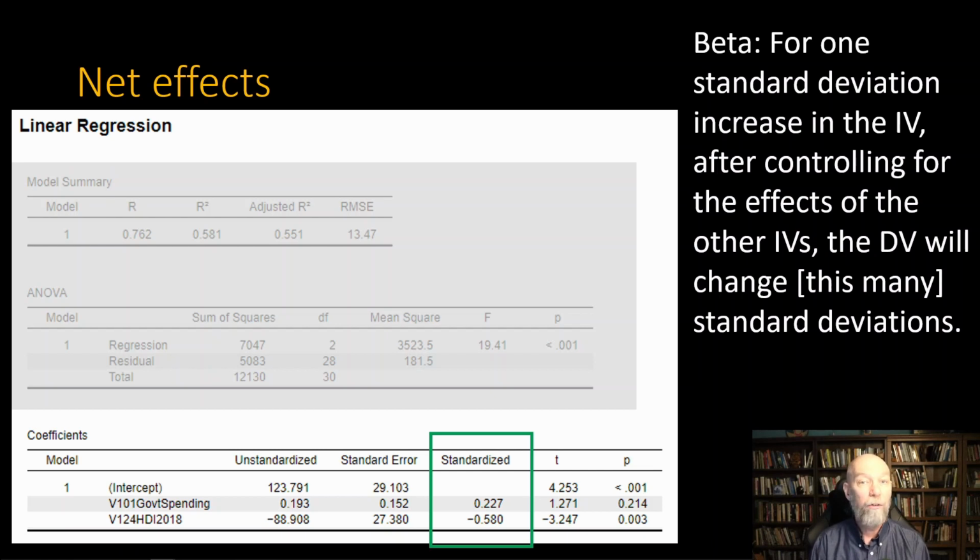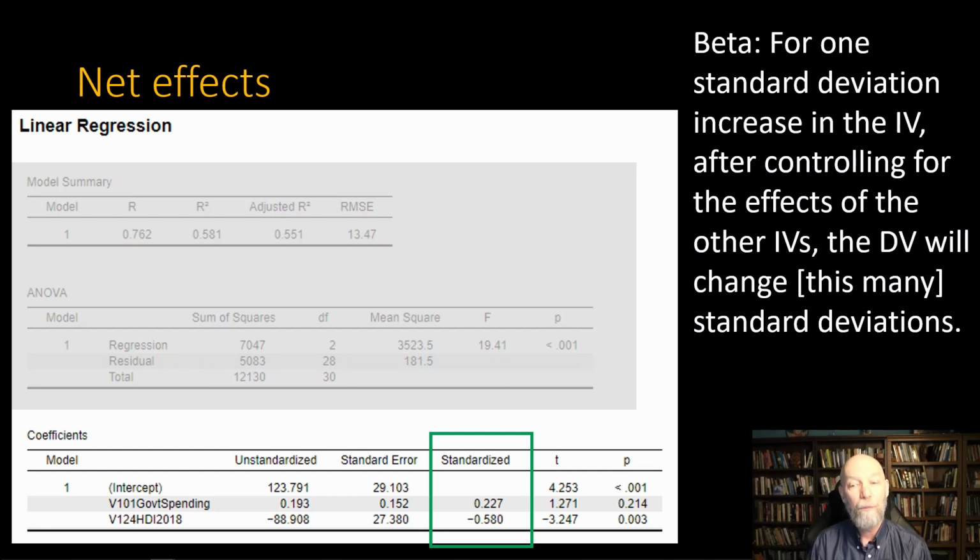So standard deviations, while they differ in actual amount from distribution to distribution, they always capture the same proportion of area in the distribution. So now we're talking about for 1 standard proportion of units, right, 1 standard area under the curve in the independent variable, what will happen to the dependent variable?